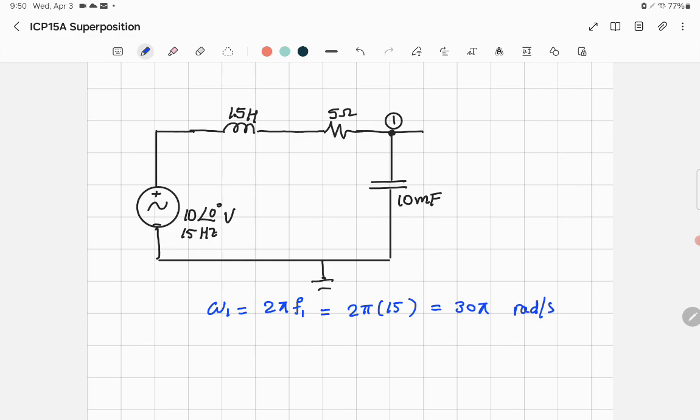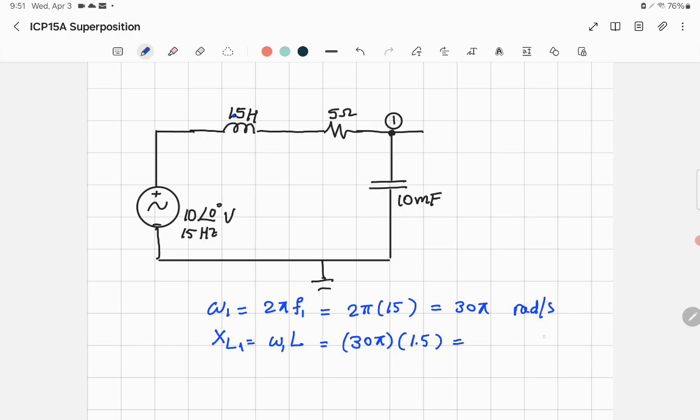After we found the angular frequency, we'll start to find the impedance of each element. We'll start with the inductor, 1.5 H. You know that XL, in this case call it XL1 because we have omega 1, is equal to omega L. Omega is equal to 30 pi times the inductance, which is equal to 1.5 henry.